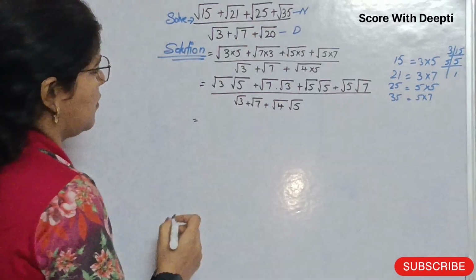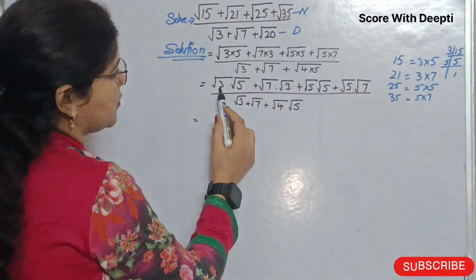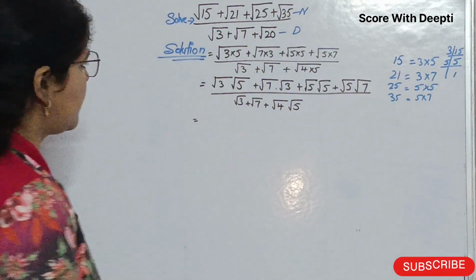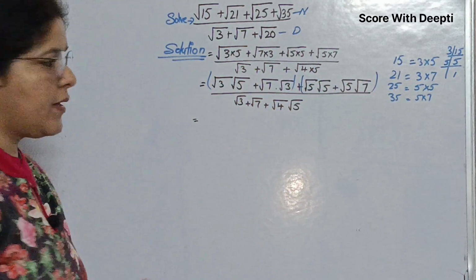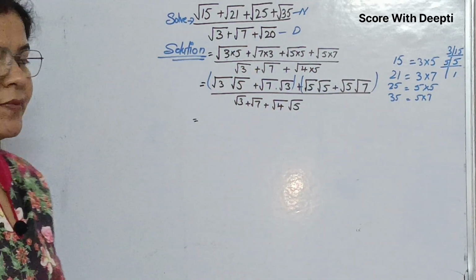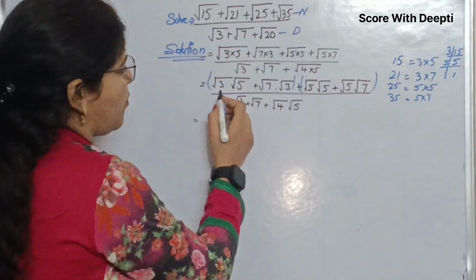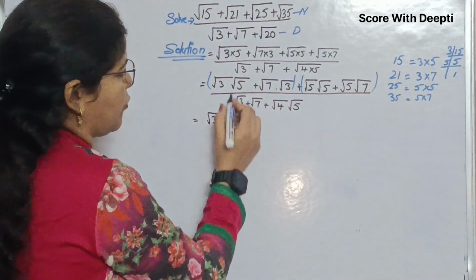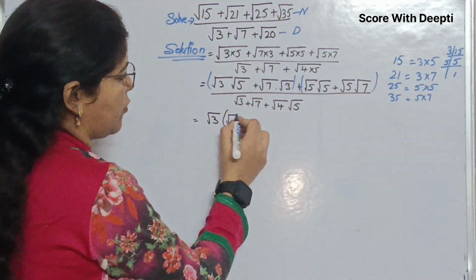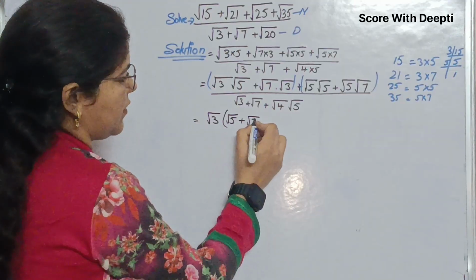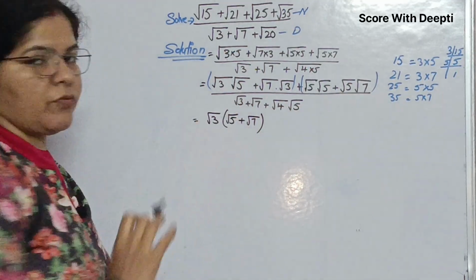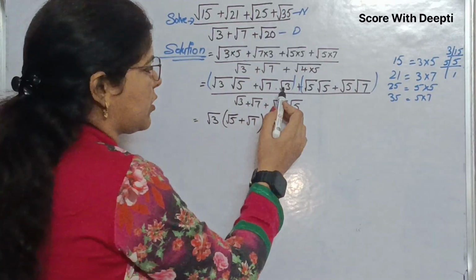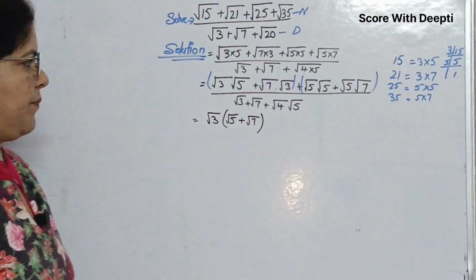Next we take common square root 3. First we put brackets here. We take these two terms in a bracket, and also these two terms in a bracket. Now we take out square root 3 from these terms, and what is left is square root 5 plus square root 7. We divide square root 3 by this term, we get square root 5. We divide square root 3 by this term, we get square root 7.